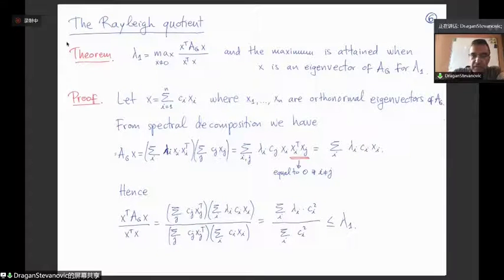So let us go to the next of our topics, which is the Rayleigh quotient. Rayleigh quotient is the name that is given to this funny-looking ratio here. Over here we have a quadratic form, x transpose times the adjacency matrix times x.